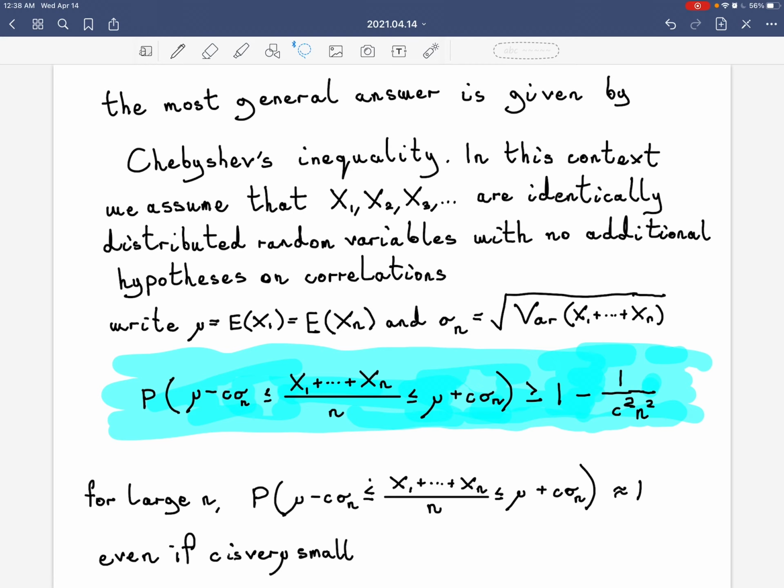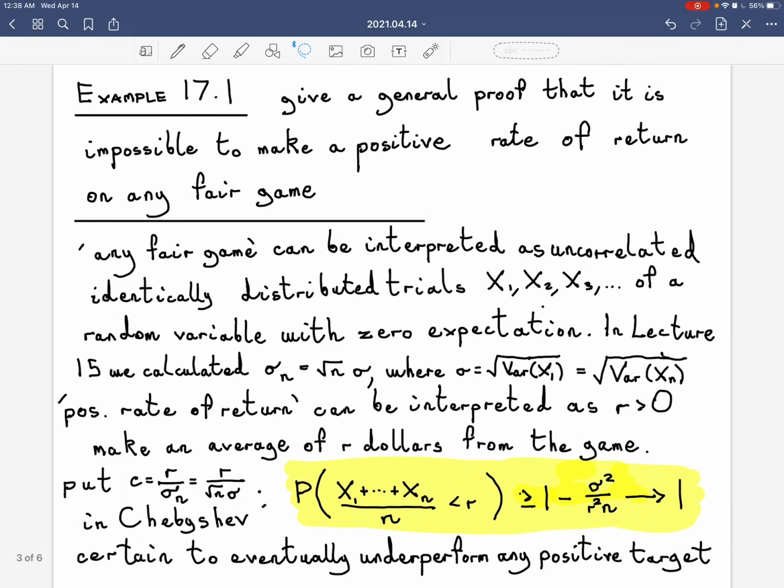And when you plug that into the right-hand side of the formula, you get 1 divided by the square root of n, or the rate divided by square root of n times sigma. And so that's what I have written on the right-hand side of the teal formula.